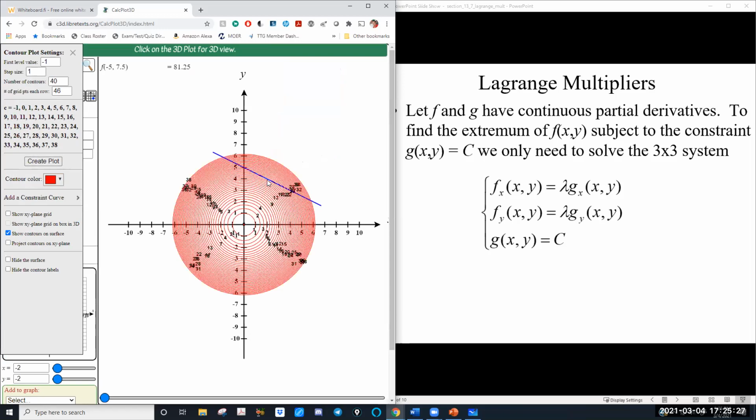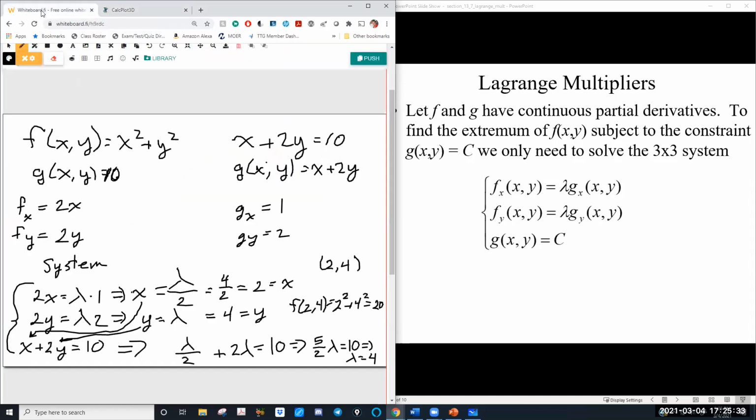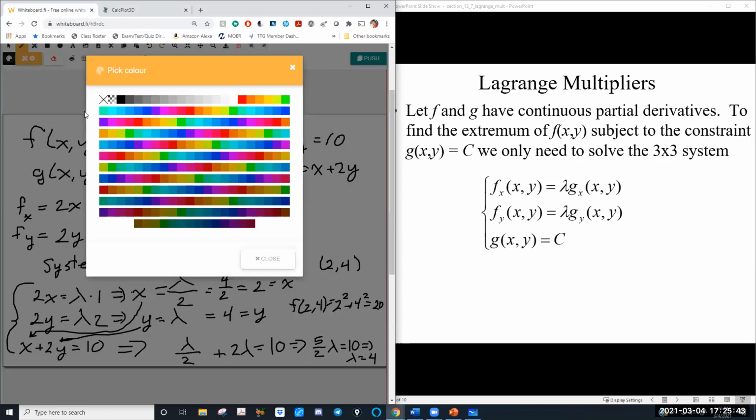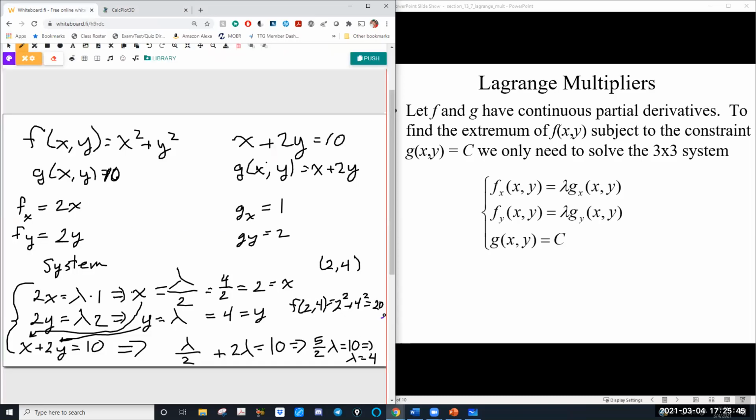We see that the point where they're tangent is roughly where X is 2 and Y is 4. So graphically, it seems to match up with what we found. So we found that the minimum is 20, and that occurs when X is 2 and Y is 4.